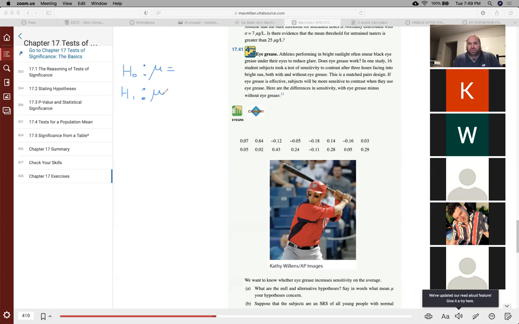No. Where do you get 0.103 from, by the way? Ah, so you're using your sample, but the sample never plays a role in the hypotheses. The sample comes after the hypotheses. So nothing from the sample can ever appear in these two.